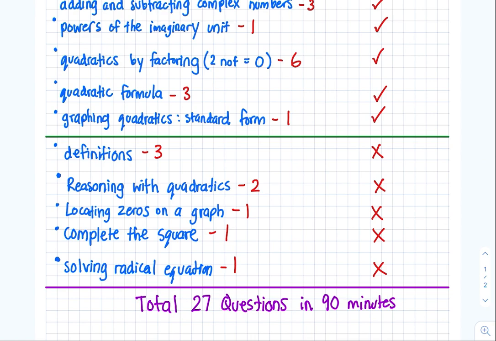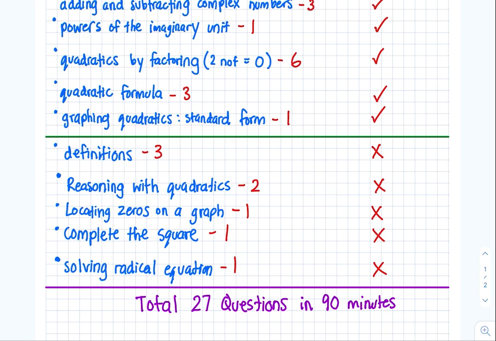It might be typing and reasoning, or it might be select all that apply. For locating zeros on a graph, there is no Khan Academy, but it's simply if you see this graph, it's going to ask you where are the roots, zeros, or x-intercepts, and you just have to label that they're in those spots.